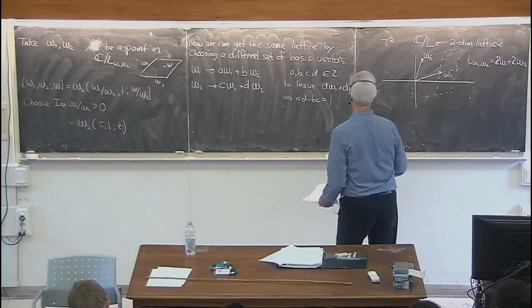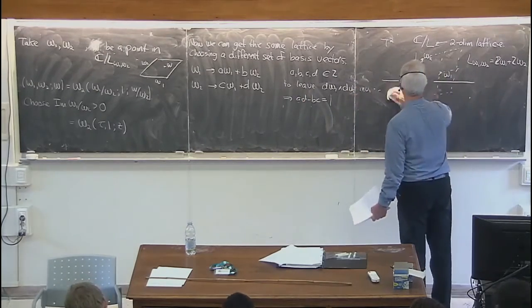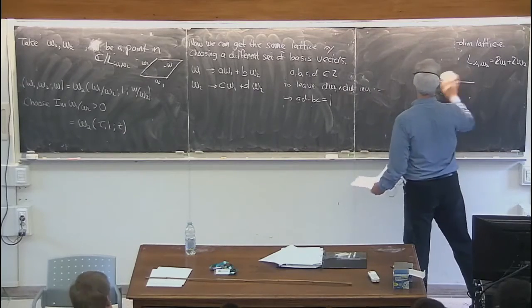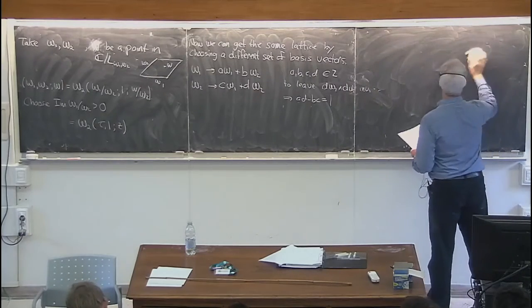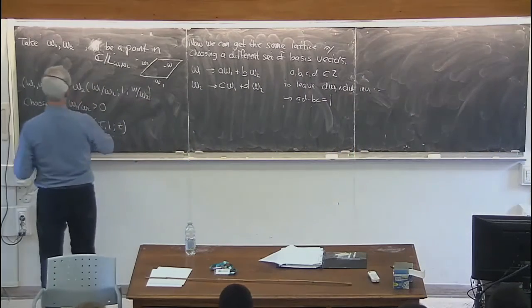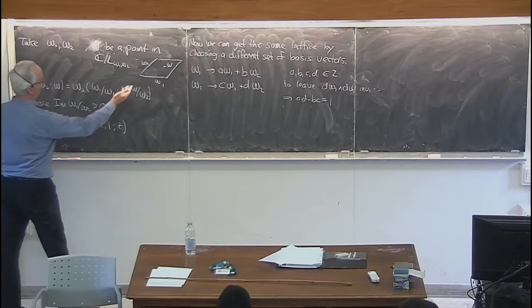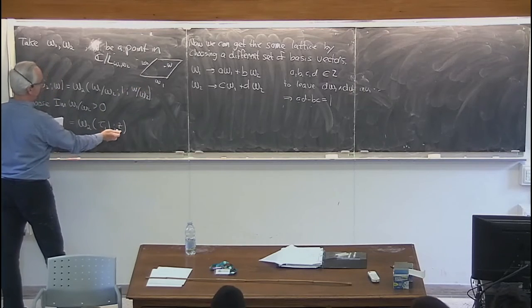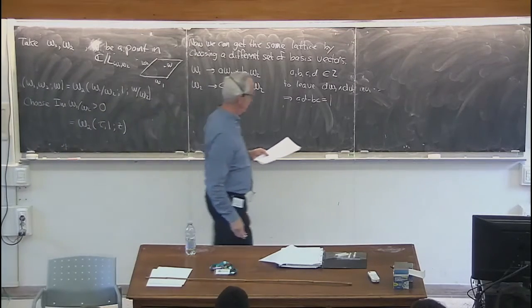So I can ask what this transformation, that's a change of basis for the lattice, does to my rescaled ratio of lattice vectors and coordinate on the torus.